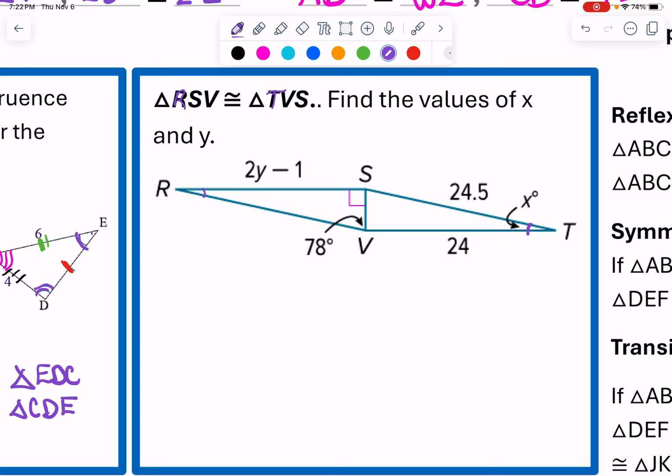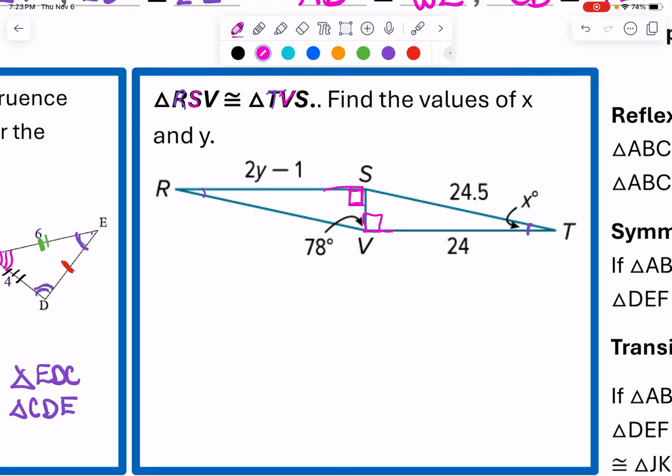We also know that angle S has to be congruent to angle V. However, there's more than one angle at S. So angle RSV must be congruent to angle TVS. So a right angle at RSV means a right angle at TVS.